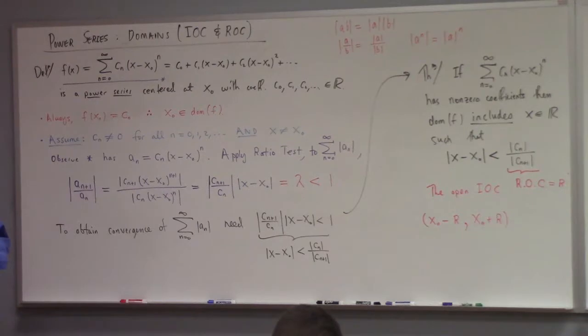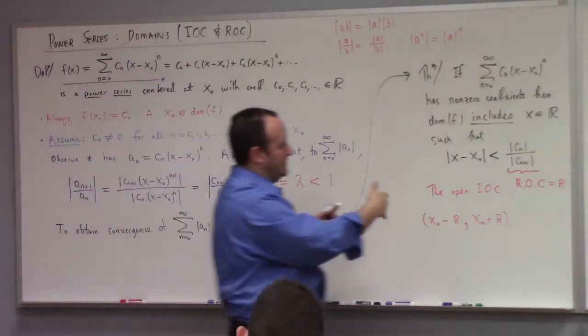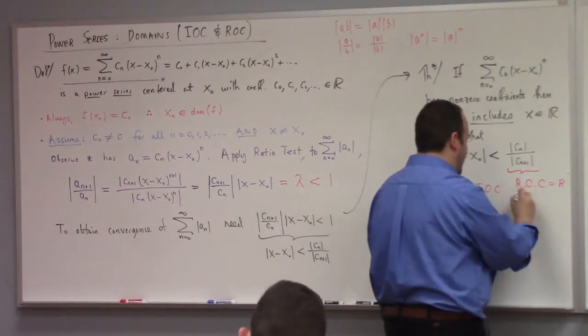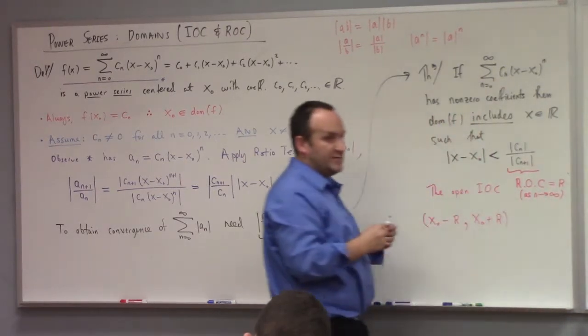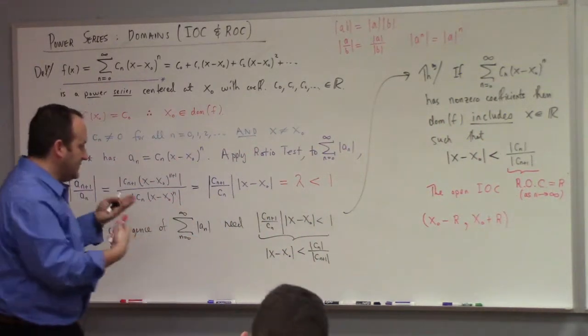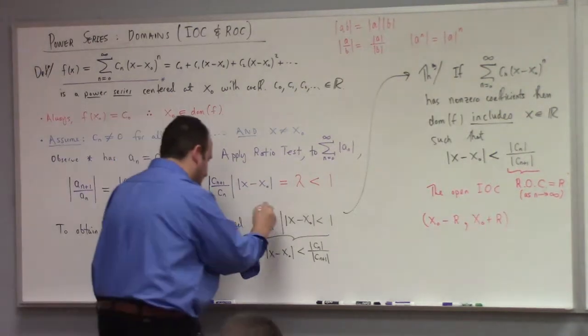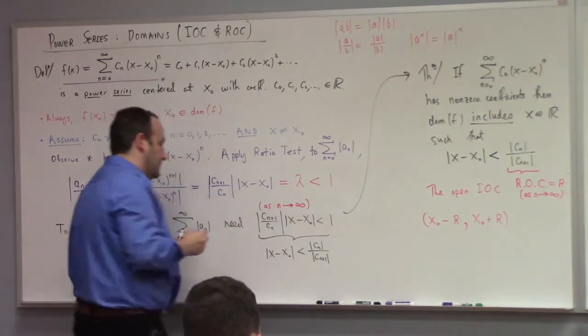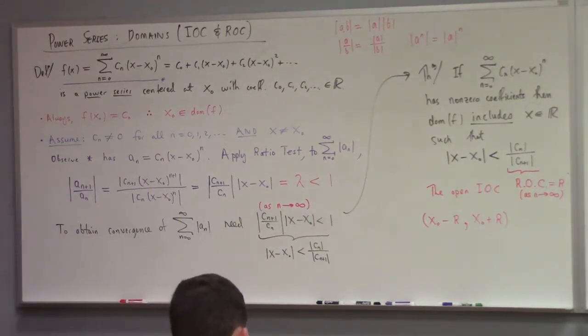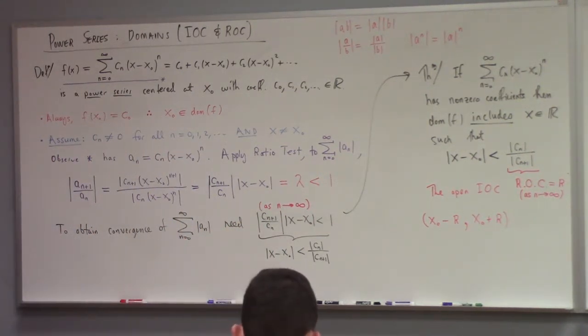Except what could happen? I should say this is as n goes to infinity. For finite n, that's not the radius of convergence. We have to think about what happens as n goes to infinity, right? Sorry, I really should write that. My bad. If as n goes to infinity, Cn plus 1 over Cn goes to 0, here's another comment.